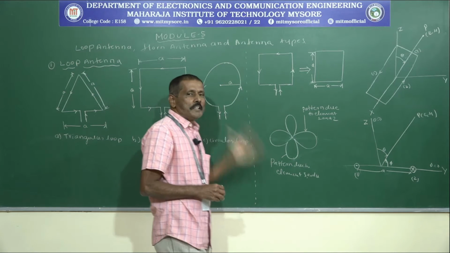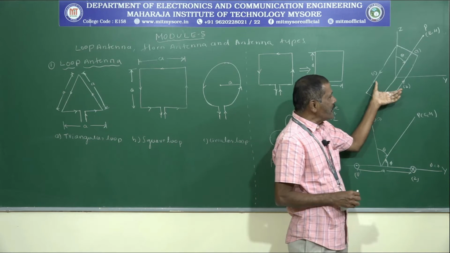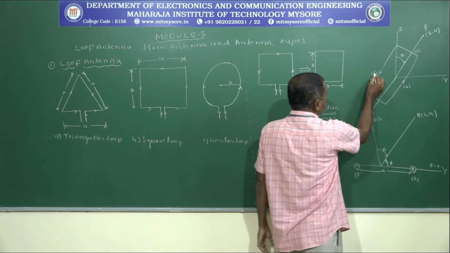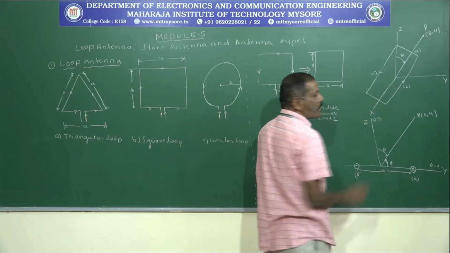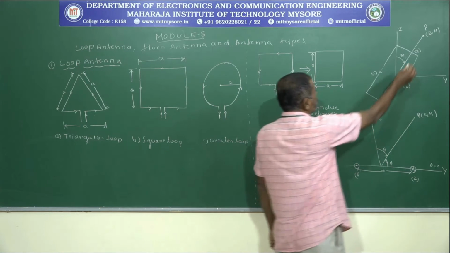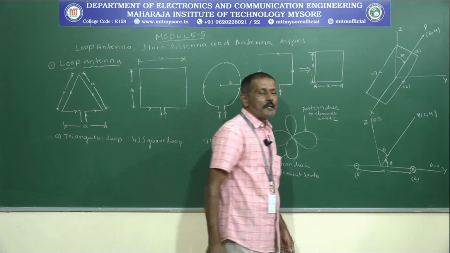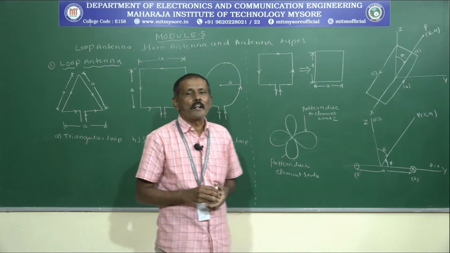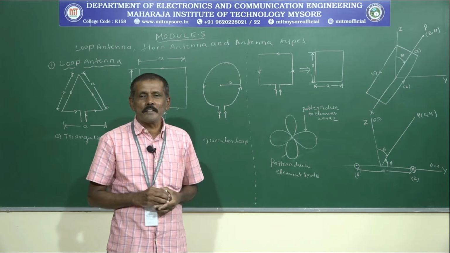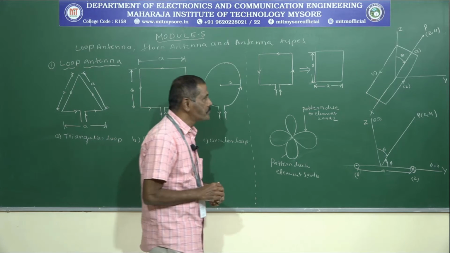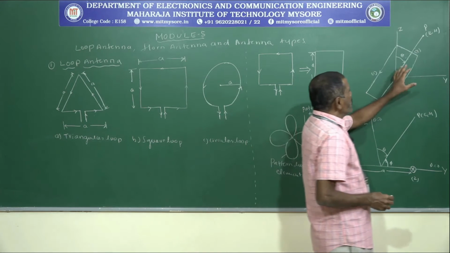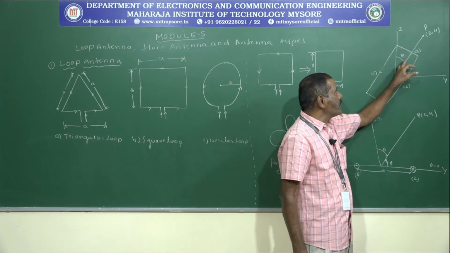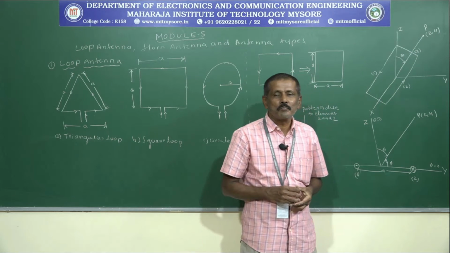Now, this antenna we are placing in the coordinate system, where this is element 1, this is element 2, this is element 3 and this is element 4. Element 1, element 2, element 3 and element 4 are the basic antenna elements we have studied. This is placed in such a way that it makes an angle theta with the z-axis.